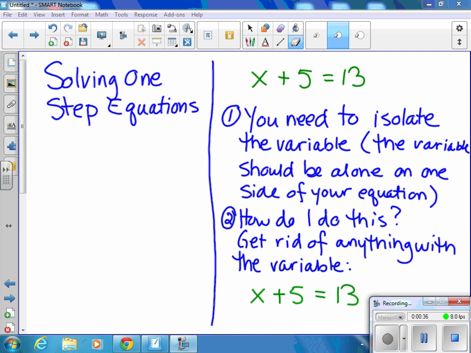The first thing to solve x plus 5 equals 13 is I need to isolate the variable. That means my variable needs to be all by himself. So any number that I see that is with the variable or on the side with the variable has got to go.